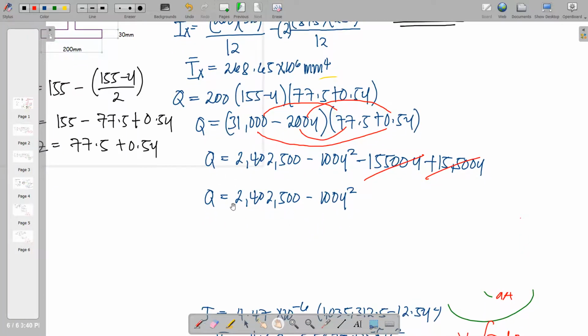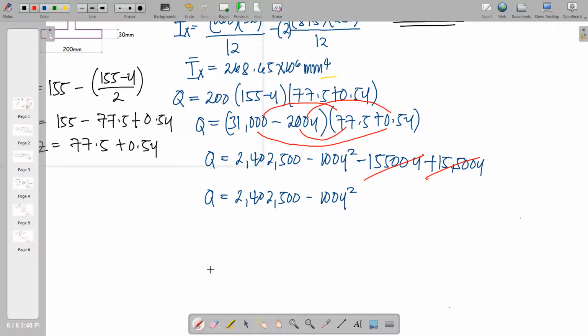So again, we're going to apply the formula for tau, which is VQ all over IB. So our V is first this 30,000. Our Q is that term, 1,000 for 2,402,500 minus 100 y squared.